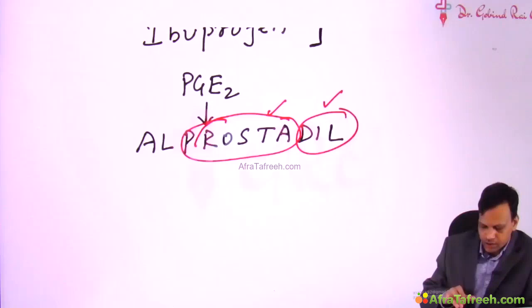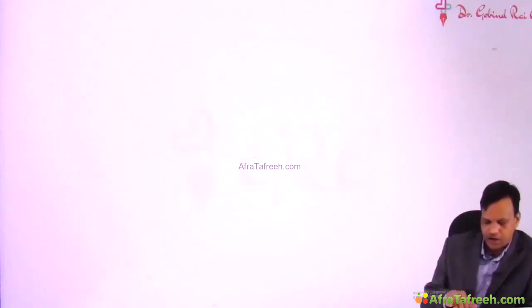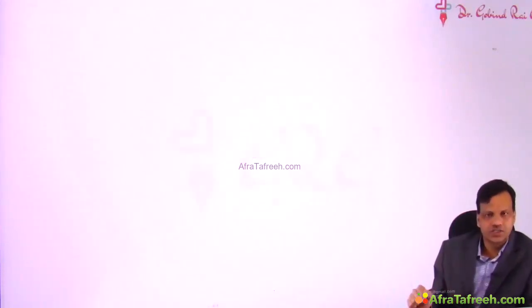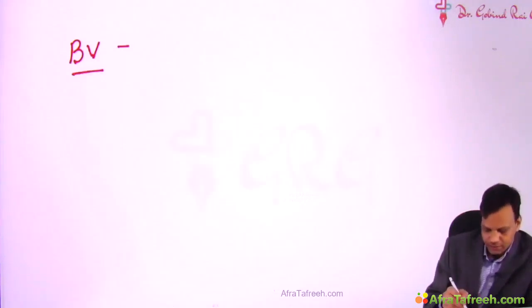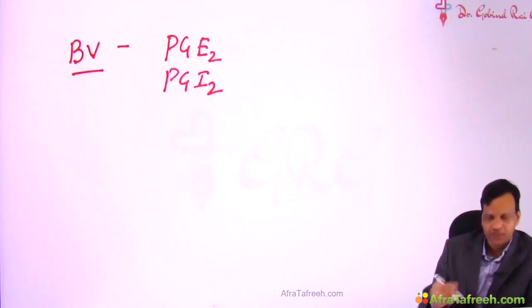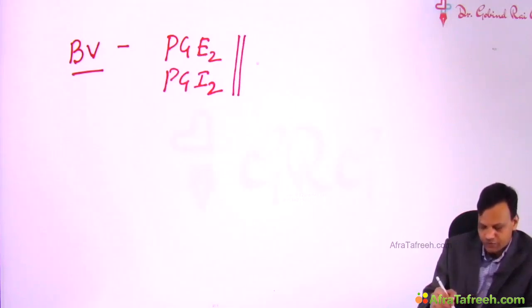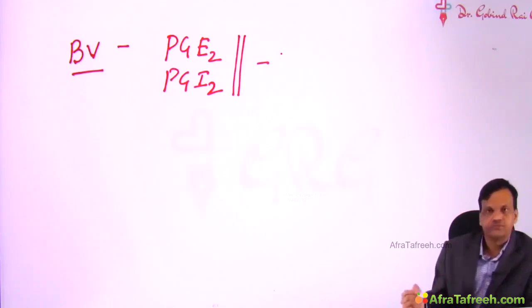So this is about the effect on the heart. The ductus arteriosus is kept open by prostaglandins. Now coming to the effect on blood vessels. Prostaglandins, again particularly PGE2 and PGI2, that means prostacyclin, are powerful vasodilators.